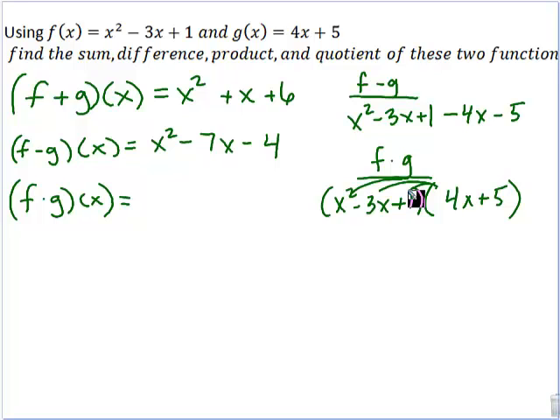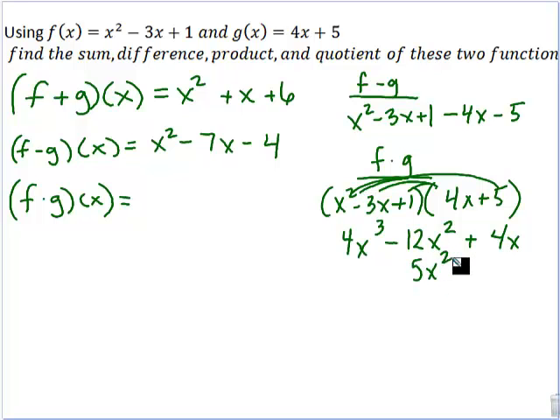So 4x times x squared. 4x cubed, yep. 4x times minus 3x. Minus 12x squared. 4x times 1. Plus 4x. Then do the same thing with your 5. So 5 times x squared. 5x squared. 5 times minus 3x. Minus 15x, and 5 times 1.